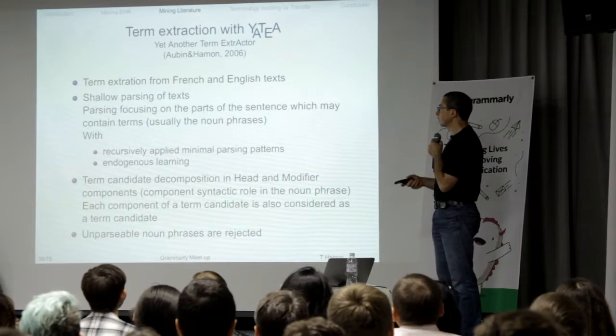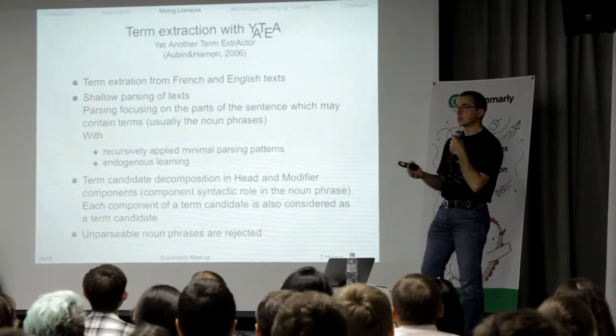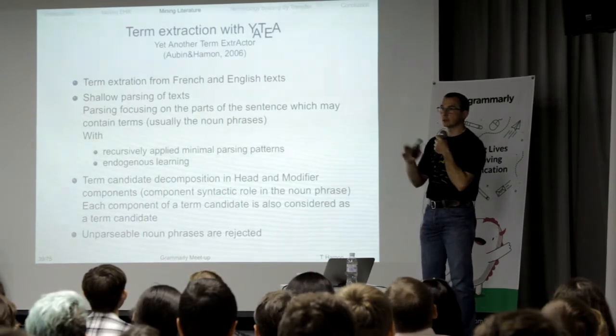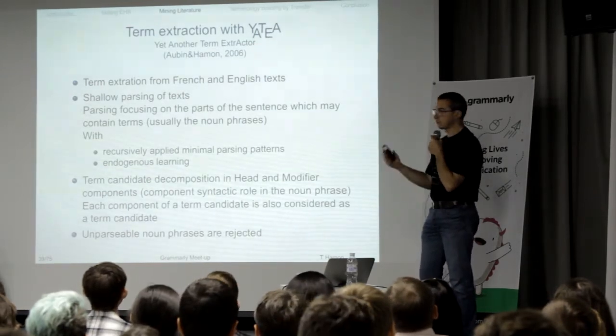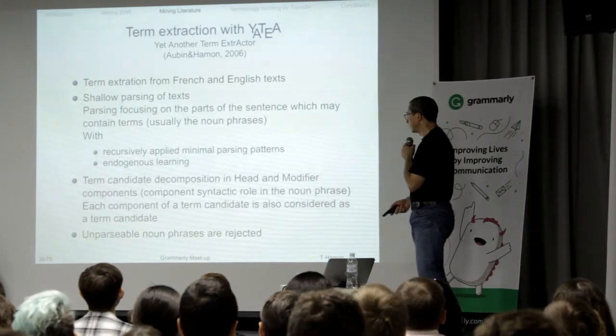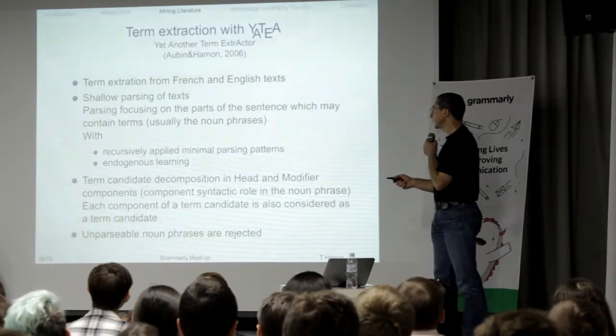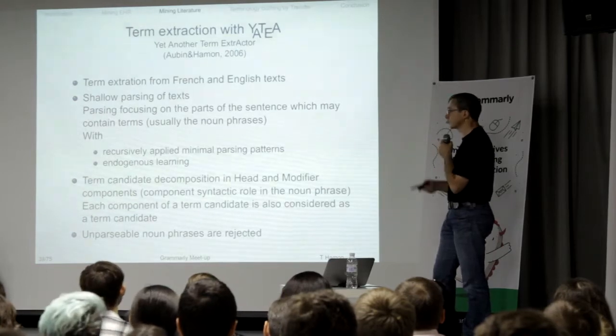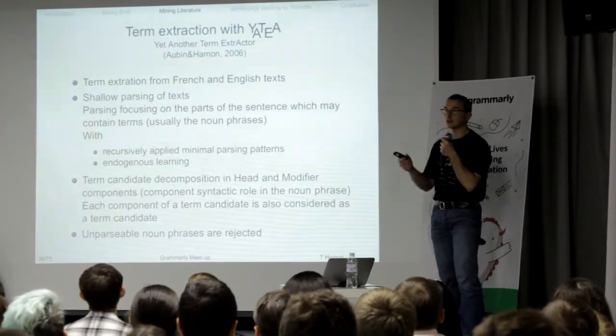and we also parse the terms to identify if some components can also be terms. So it will lead to a term candidate decomposition in head and modifier, so the syntactic role of the components of the term.